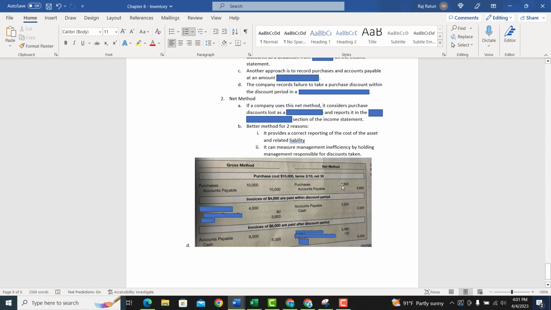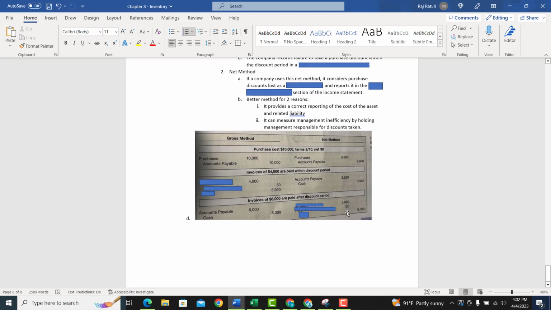In comparison, for the net method, we automatically assume we're going to take the discount, and then we take the discount as is on a rolling basis as well. But then we have to account for the step one where we took the total discount, whereas we're only actually accounting for $80 of it.